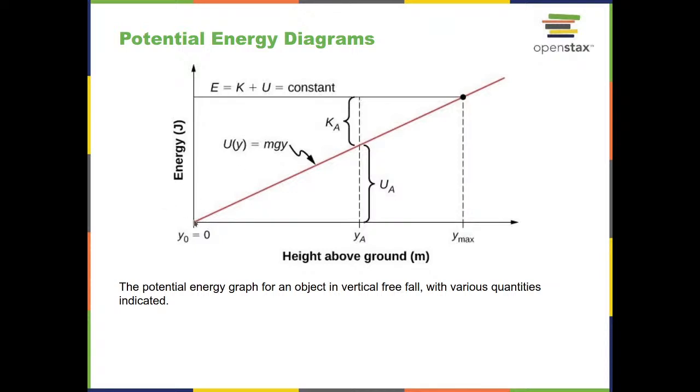Let's say we start at y equals 0, and we throw up the particle with a kinetic energy that gives us the total energy. And we're starting at a potential energy that's equal to 0. So that initial kinetic energy will give us the total energy line, and we can use that to calculate what the maximum height is that we will be able to reach.